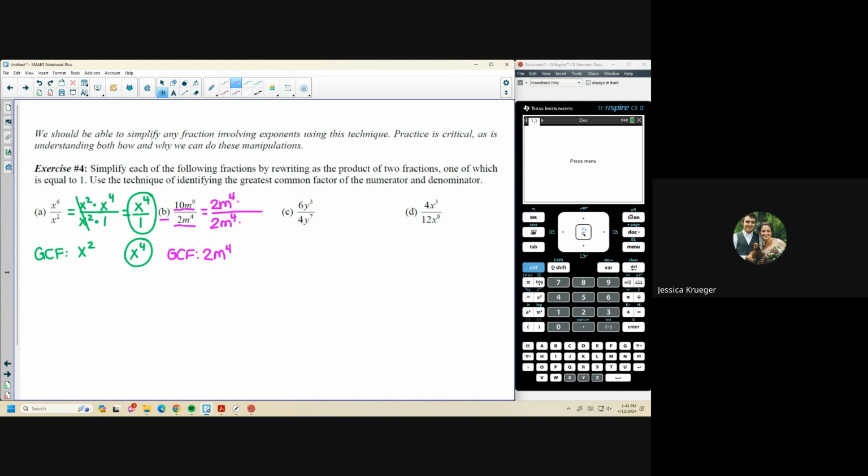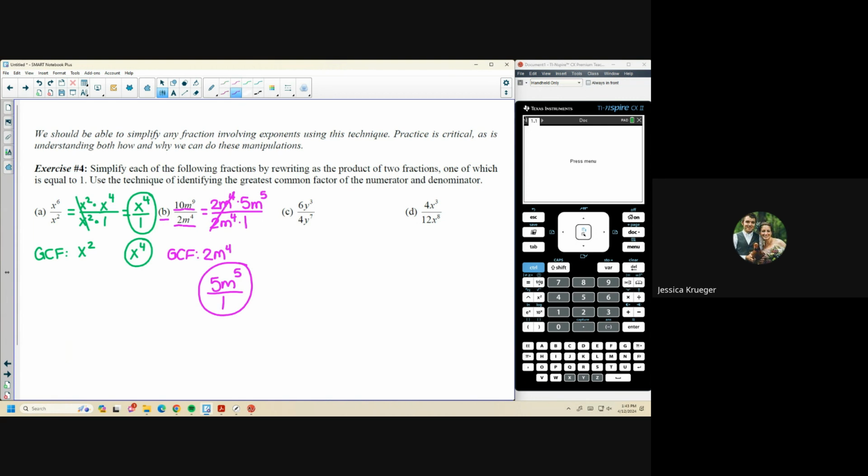In my numerator, 2 times 5 will give me 10. M to the fourth times m to the fifth will give me m to the ninth. And in my denominator, it's just going to be 2m to the fourth times 1. These divide out and become 1. So my answer is 5m to the fifth over 1, or just 5m to the fifth.